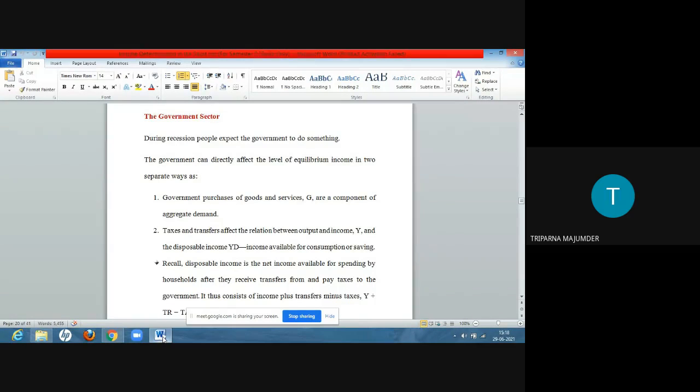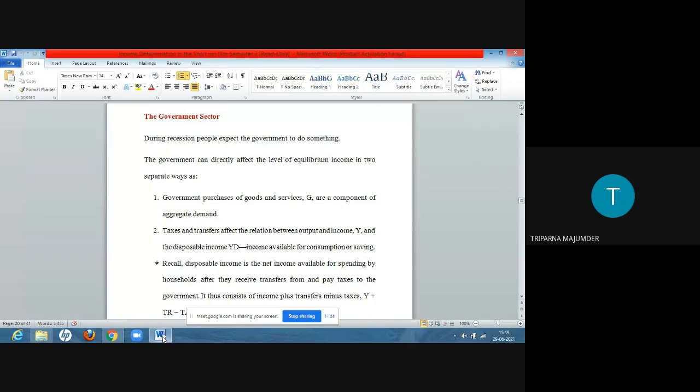One, by government purchases of goods and services, G, which forms a component of the aggregate demand, and two, taxes and transfers that affect the relationship between output and income Y and the disposable income YD. What is the disposable income?